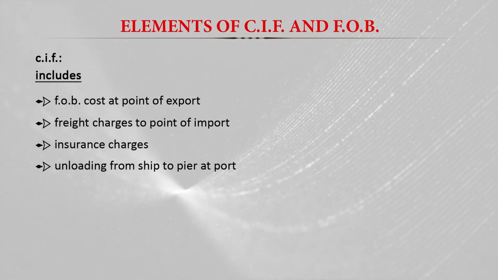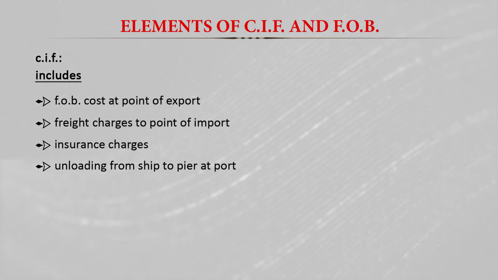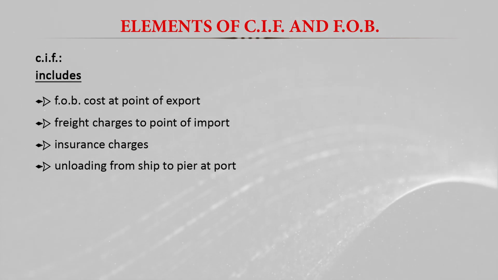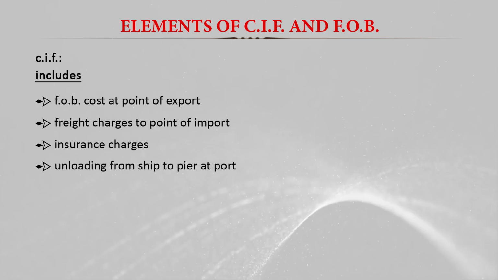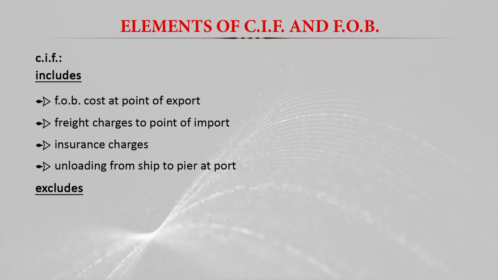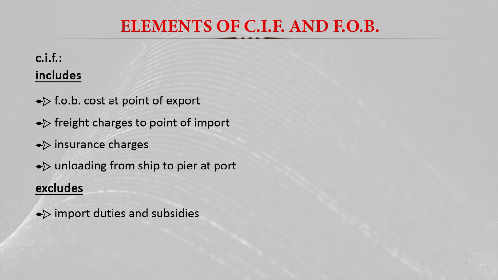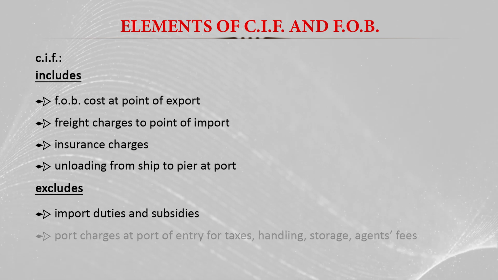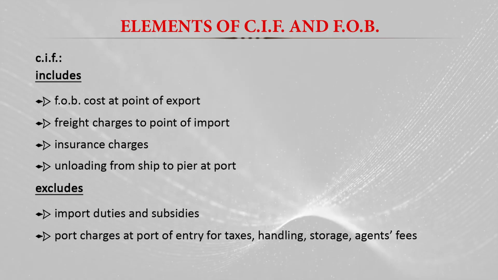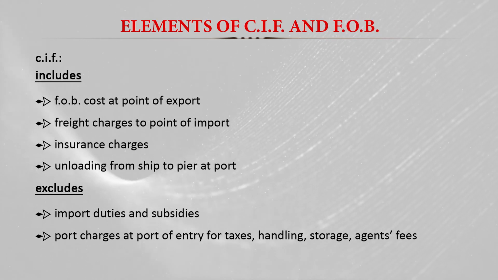So it includes all the costs required to deliver the good at the importing country's port, and it includes the import duty and subsidies which are incurred by the importing country, and port charges at the port of entry for taxes, handling, storage and agent fees. All these charges are incurred by the importing country.